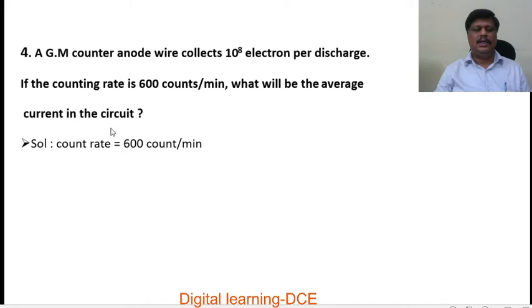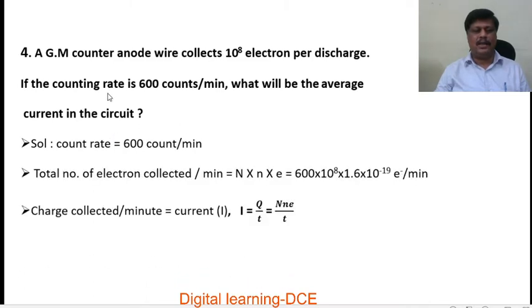This is the same type of problem as problem number 3. Again, count rate, capital N, is equal to 600 counts per minute. The count rate is given, small n is given, and the charge of the electron, you know, is 1.6 into 10 power minus 19. You have to calculate the current value.